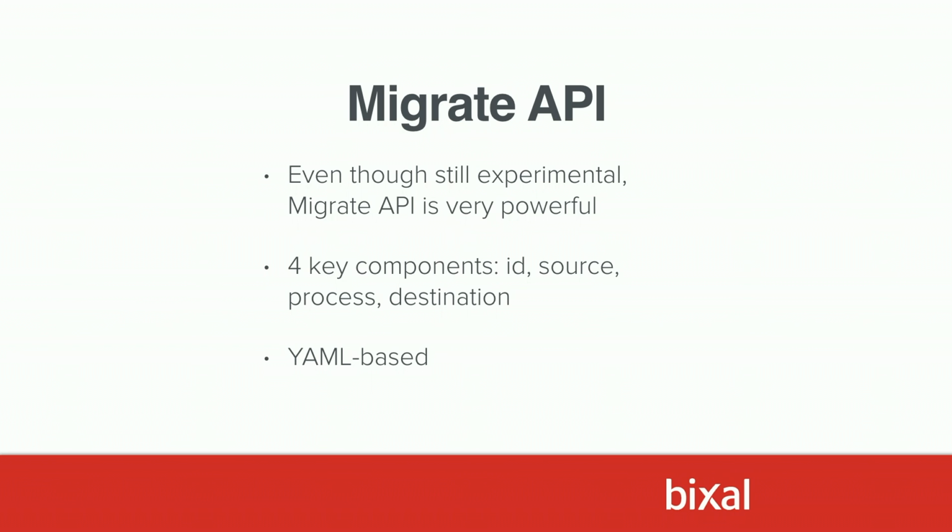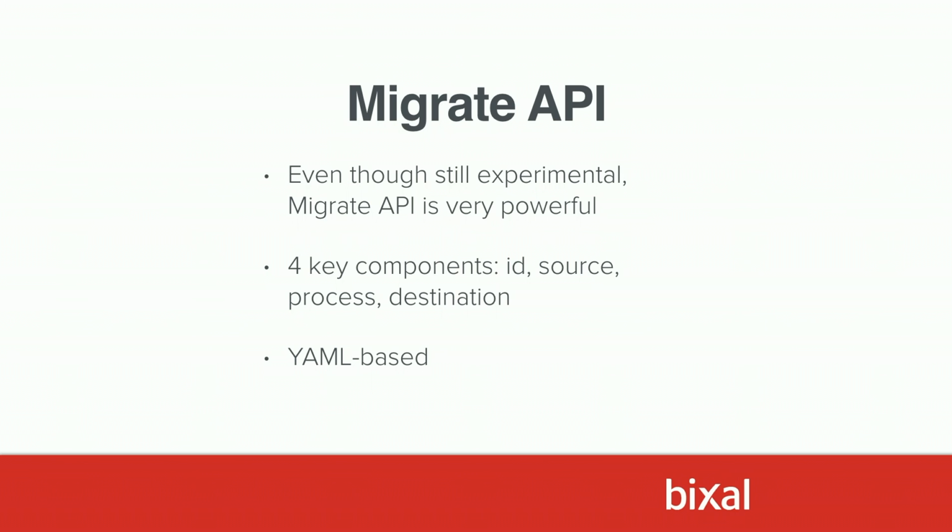So all the migrations that we plan to do with this Migrate API have 4 key components or elements. One of them is the ID of the migration. All of our migrations should have an ID. We're going to see where that is set up. Then a source, a process, and a destination. The source is where the data is actually stored.